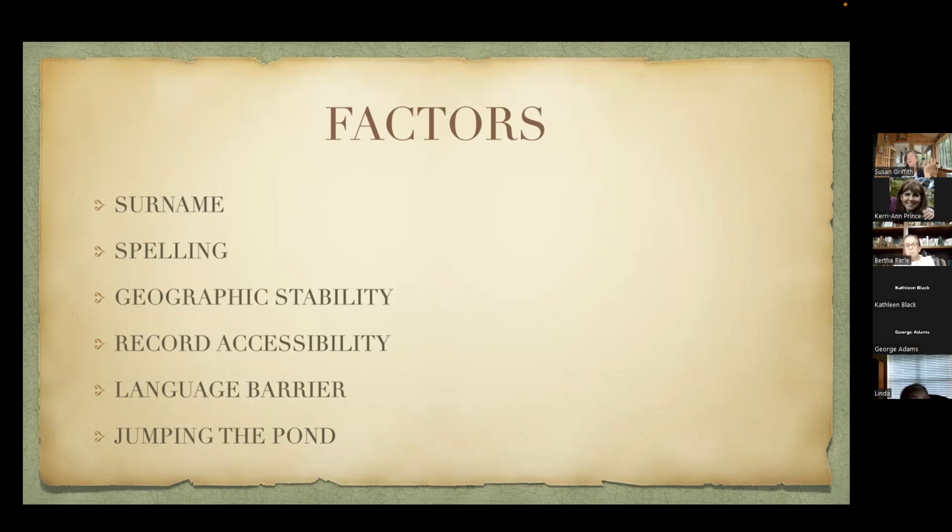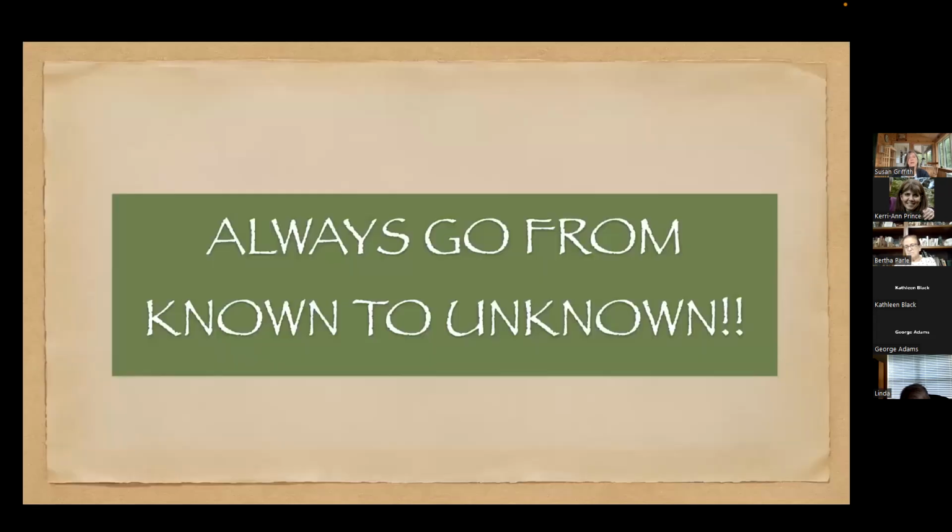Jumping the pond is one of the most difficult things you can do in genealogical research. So don't start with that, even if that is what interests you most. You're going to have to do some other things that are easier so you can get your feet wet and get used to doing research a little more.